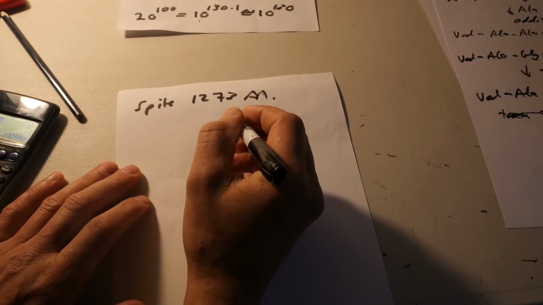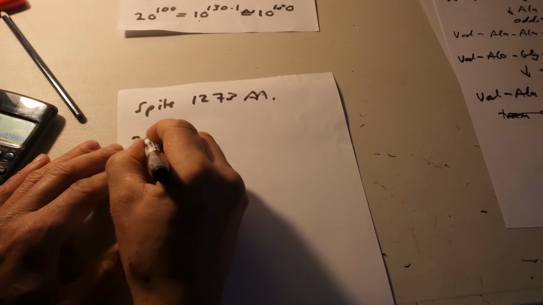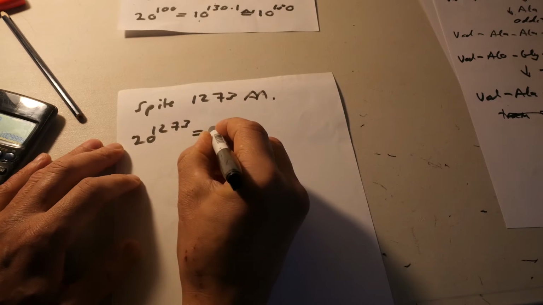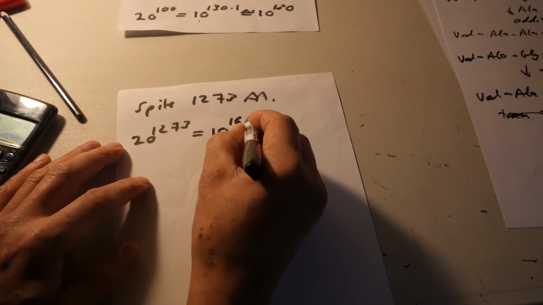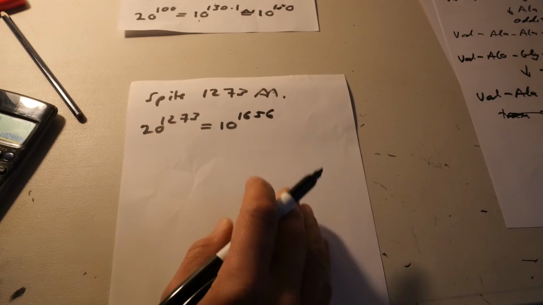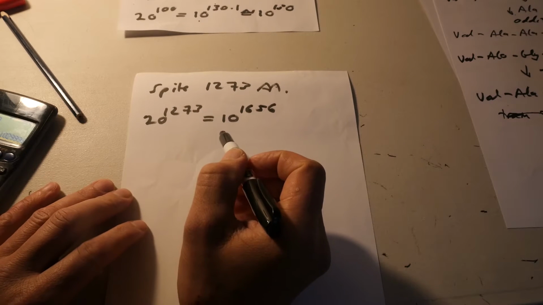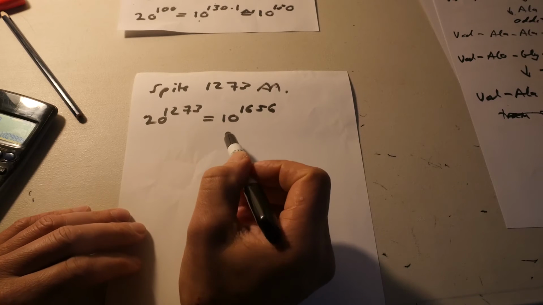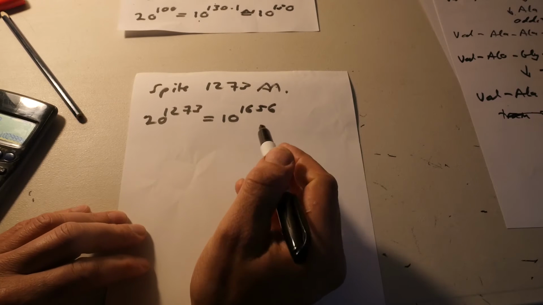So the total number of possible spikes is 20 to the power of 1,273, which actually turns out to be roughly 10 to the power of 1,656, okay?